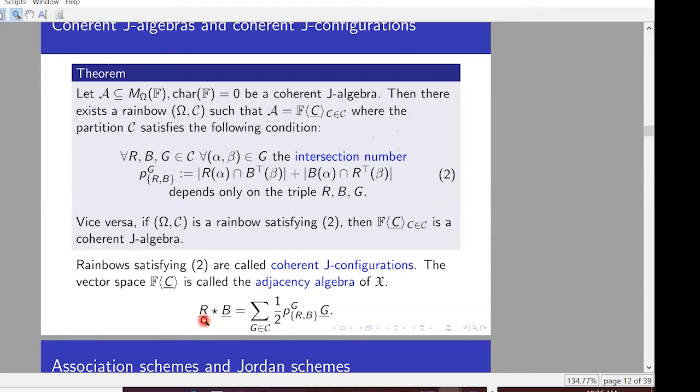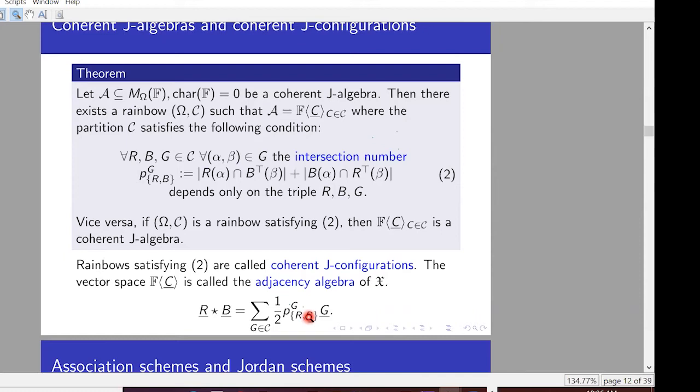Now, if I take the linear span of my standard basis, then I have to fulfill Jordan multiplication between them. And this will be a linear combination of the matrices from my algebra, but the structure constants are not exactly the intersection numbers, but 1/2 of them, because we have 1/2 in the definition of the Jordan product.